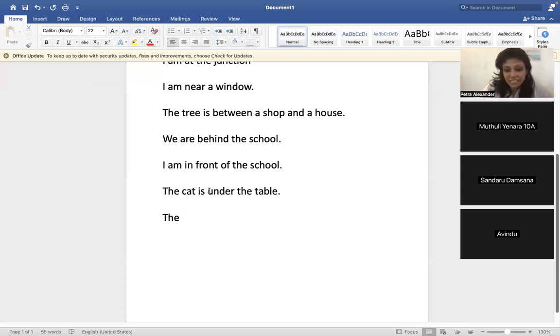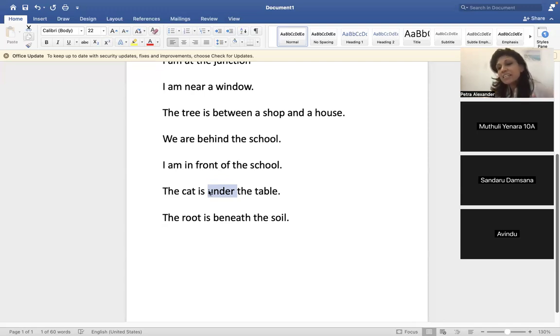The root is beneath the soil, that is okay. Or under the soil also okay. It's commonly used, under, or underneath. The root is underneath the soil.